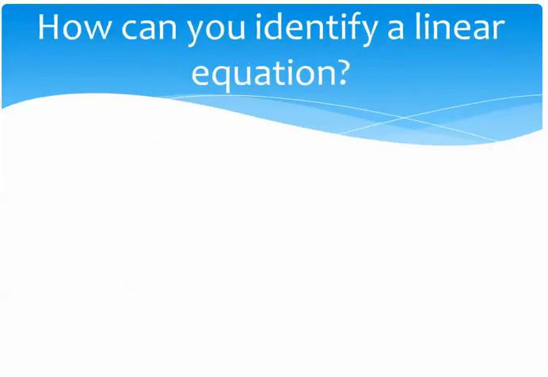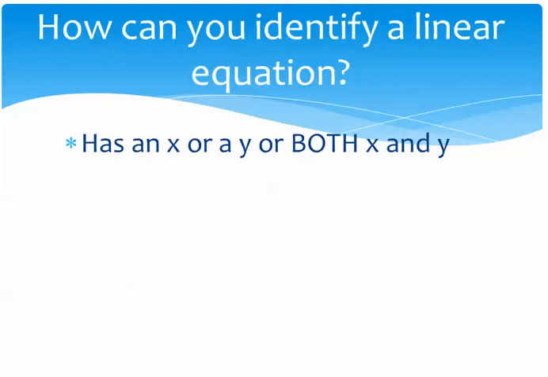All right, what we want to know is, if just by looking at the equation, maybe we don't have a story or scenario with it, if I just look at an equation, how can I tell if it's a linear function? Well, a linear function has an x, or it has a y, or it has both an x and a y. And you're like, well, all right, that's most equations.